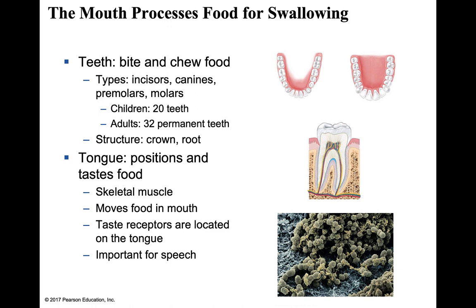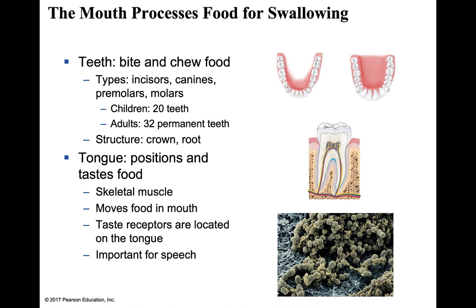Next, what we're going to do is kind of work our way through the first part of the digestive system. Now, when we look at the mouth, basically what we see here is mechanical digestion, but there also is some chemical digestion. So if we look at the teeth, basically that's responsible for the biting and chewing of food.